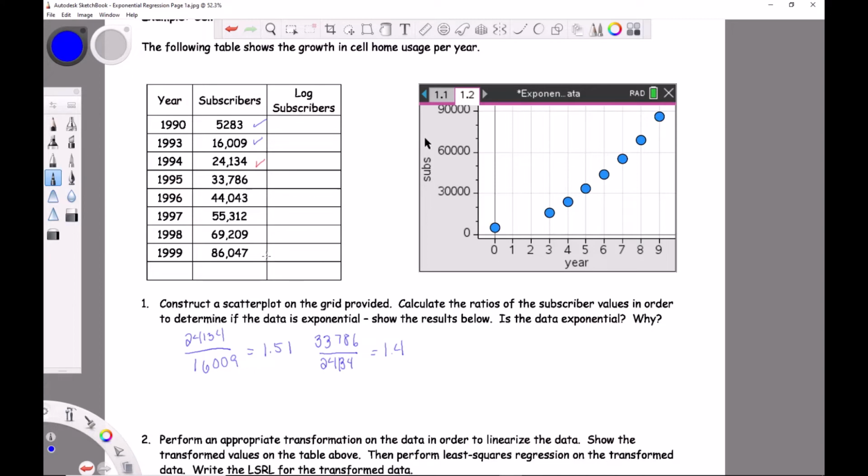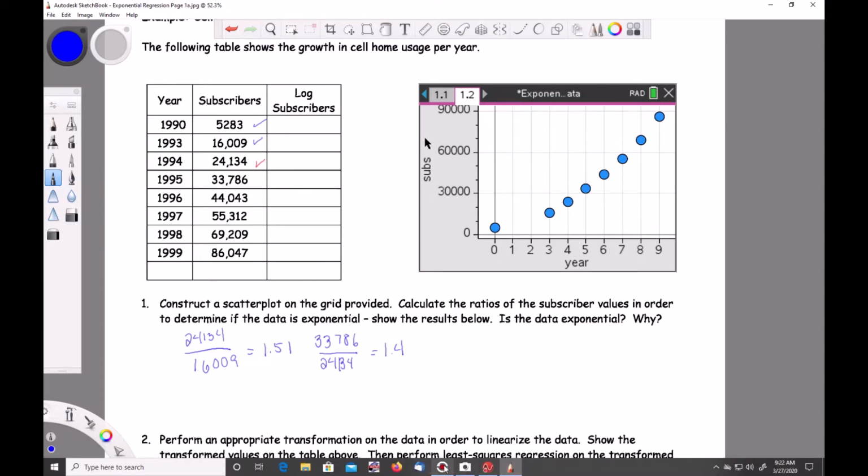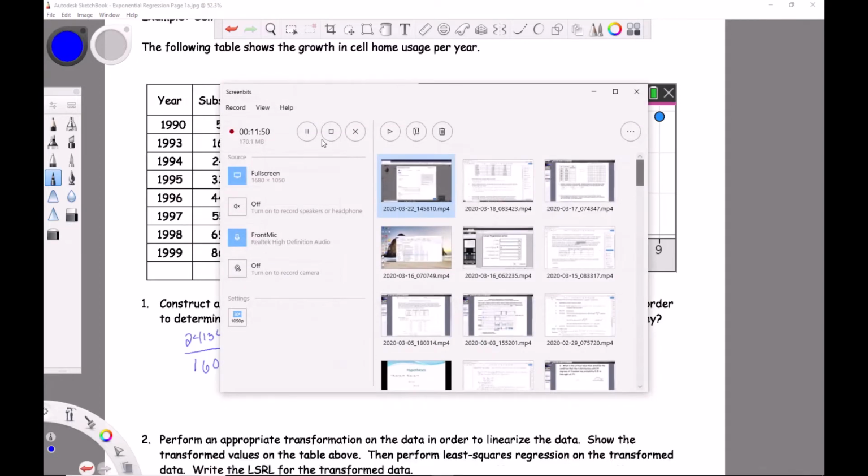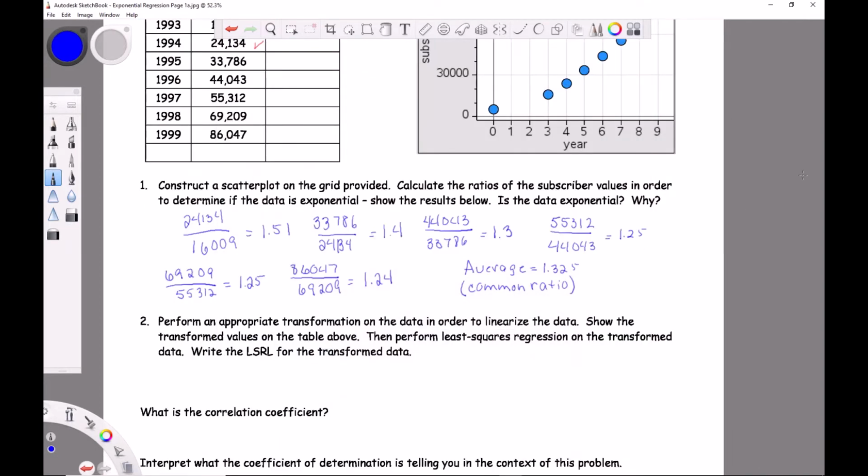All right, I want you to go ahead and do the rest of those. I'm going to pause while I do it so that you don't get bored watching me. All right, I'm back and I came up with all of these, and you'll notice there is a fairly wide discrepancy from where we start with 1.51 to where we ended up with 1.24. But this is okay.